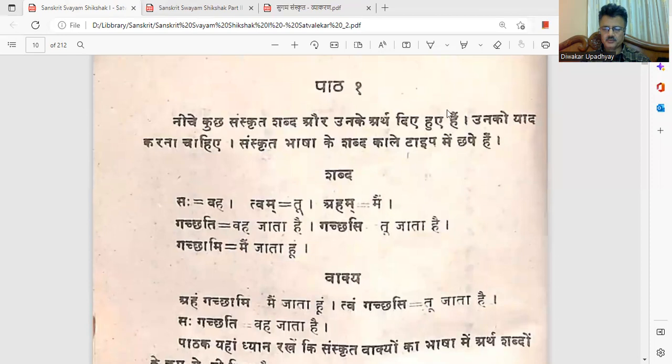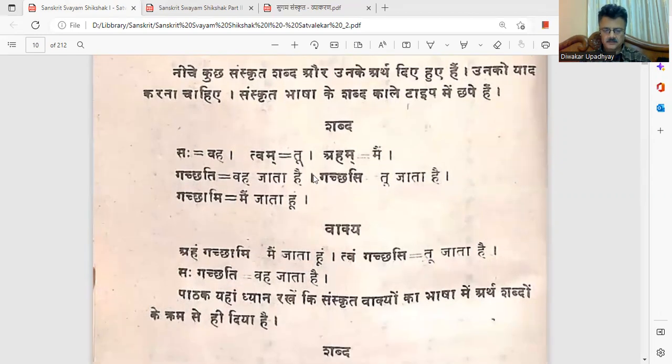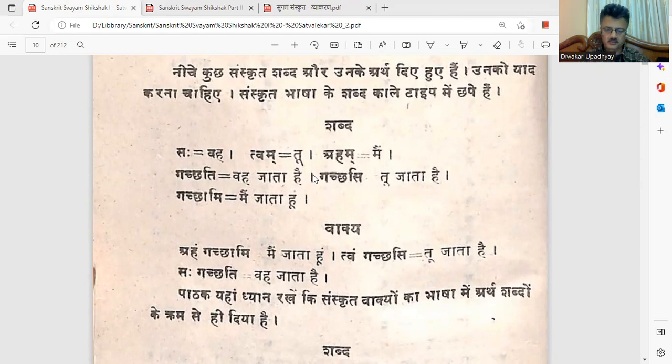So now we move to lesson 1. Below are given some words in Sanskrit and their meanings. Try to understand and memorize them. Saha, he. Pronoun for male.